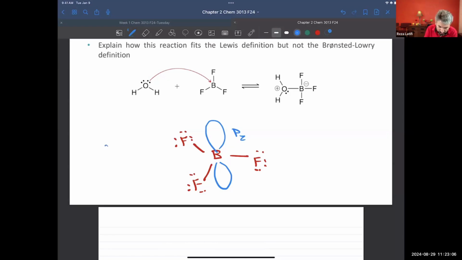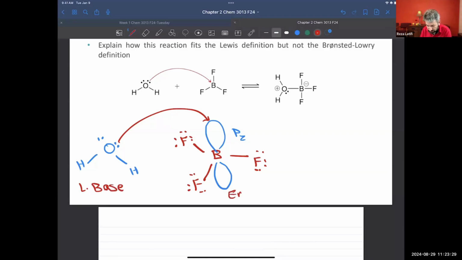And how about water? Water has 2 lone pairs. So water is going to give one of these lone pairs and put those 2 electrons inside the empty orbital of BF3. So water will be the Lewis base because it's donating a lone pair, and the one with the empty orbital will be the Lewis acid.